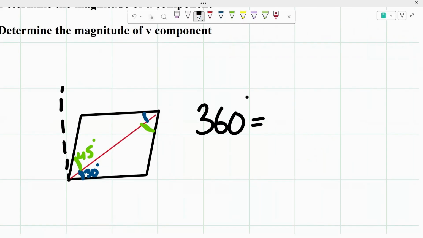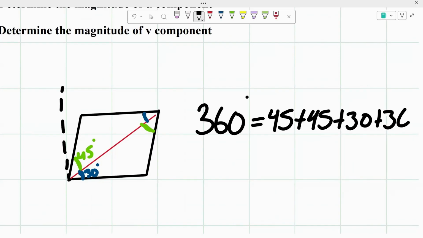So 360 degrees is equal to 45 plus 45 plus 30 plus 30.